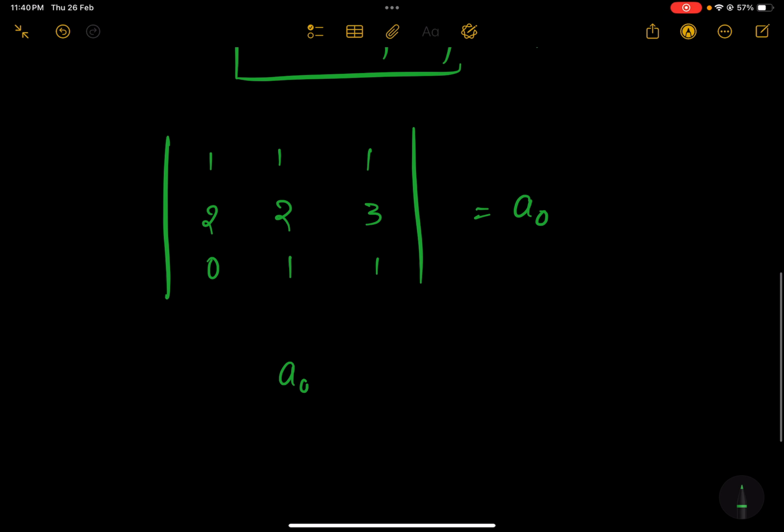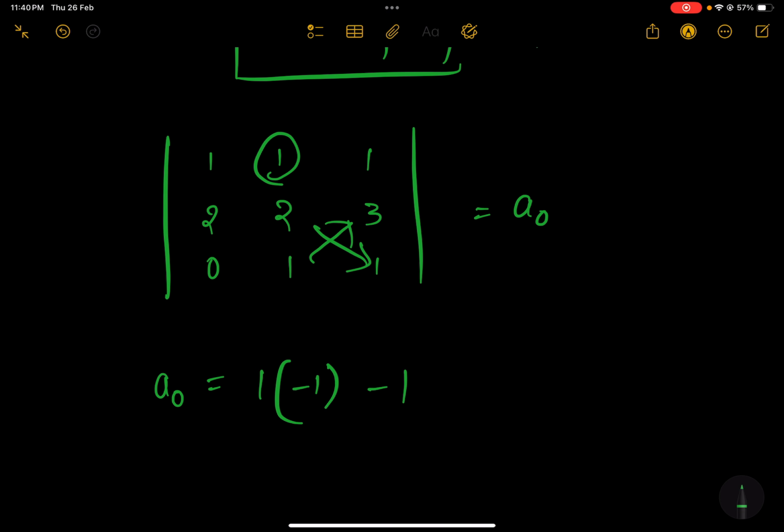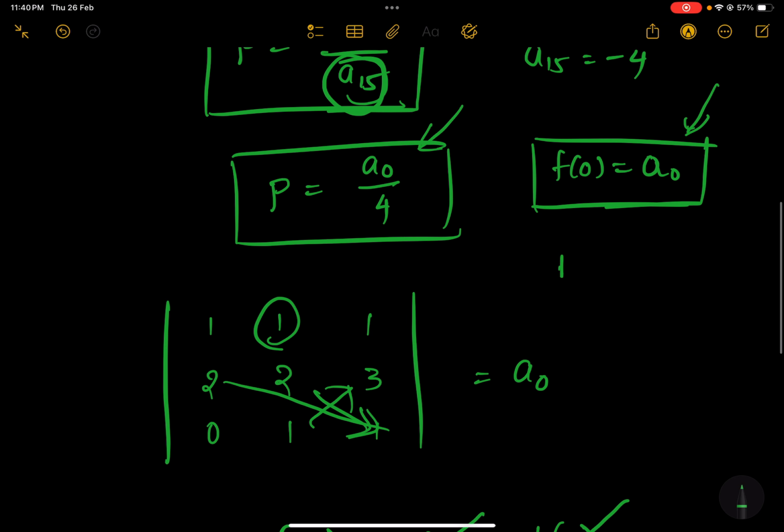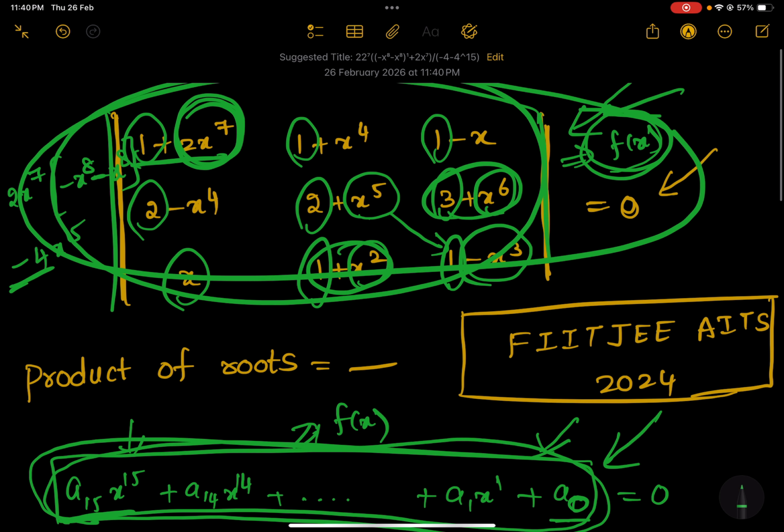So your a naught is simply 1 multiplied by 2 minus 3, which is minus 1, minus 1 multiplied by 2 plus 1 multiplied by 2, and this gets cancelled. This is simply minus 1. So your a naught is minus 1. So your product of the roots is minus 1 upon 4.